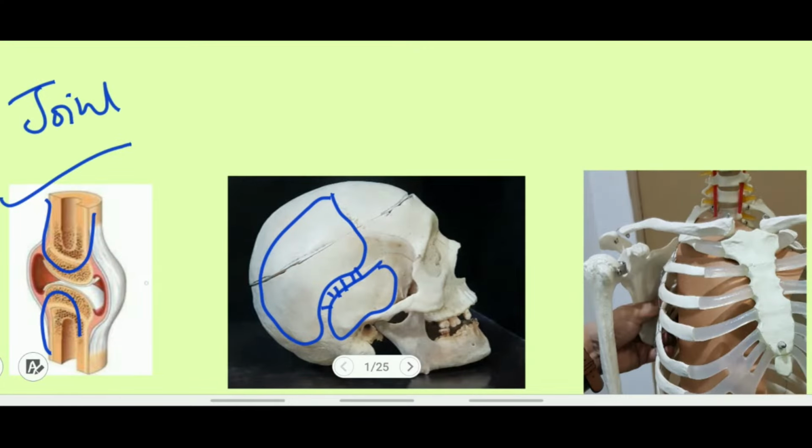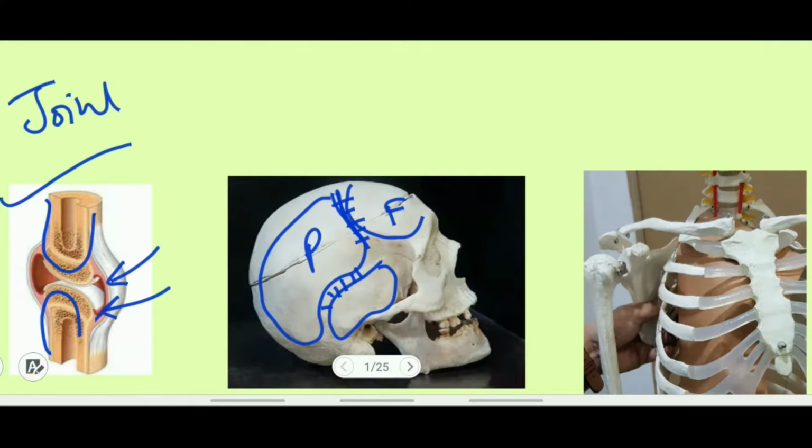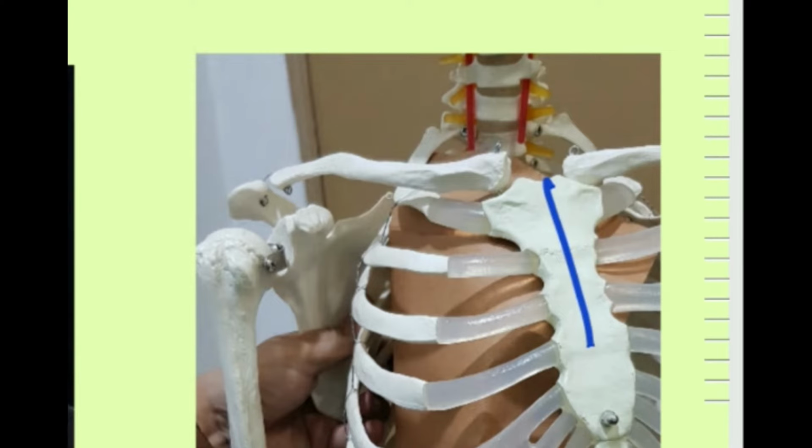Never think that a joint must be movable or a joint must have a cavity. This is not the criteria. The criteria is contact between two bones. This is the parietal bone, this is the frontal bone. The contact between parietal and frontal bone is a joint. That's it. Look here. This is the sternum and this is the clavicle, and there is contact.